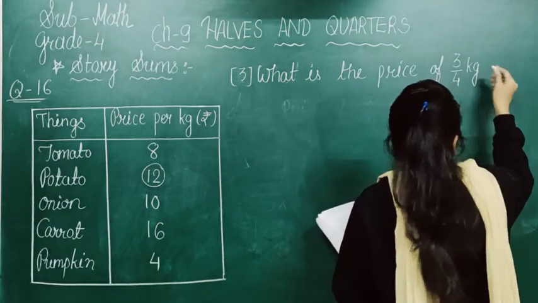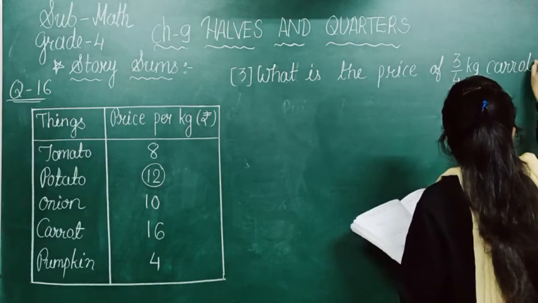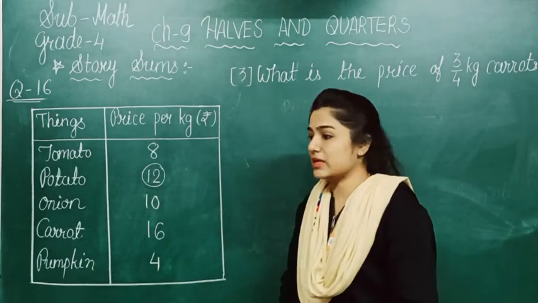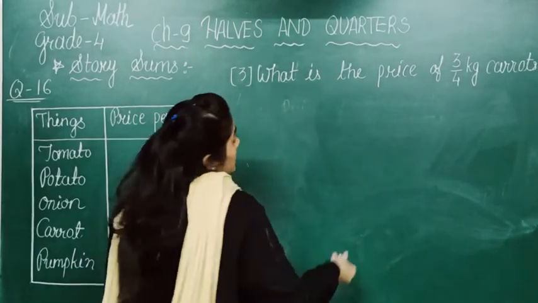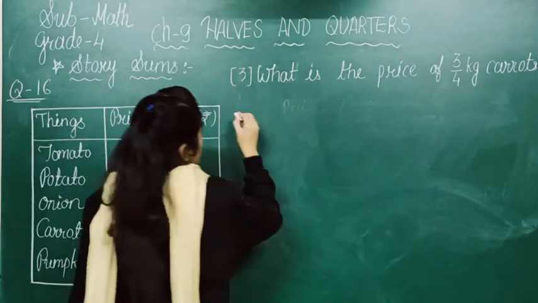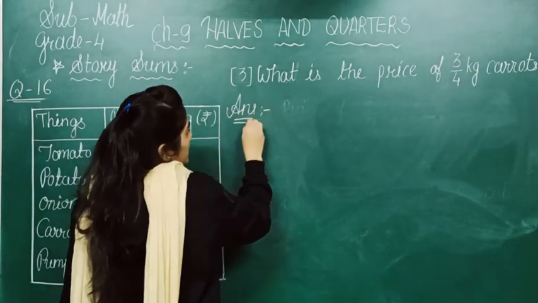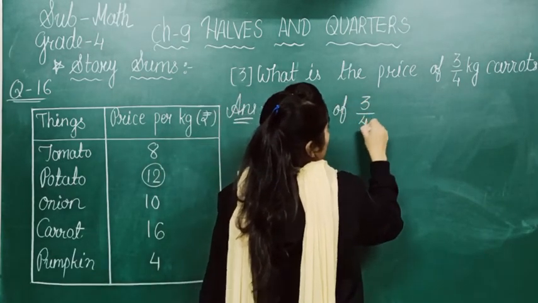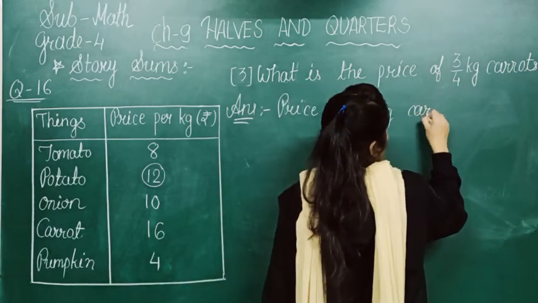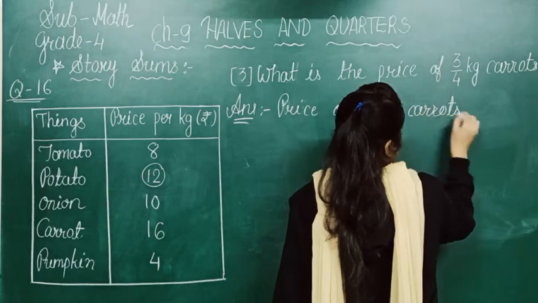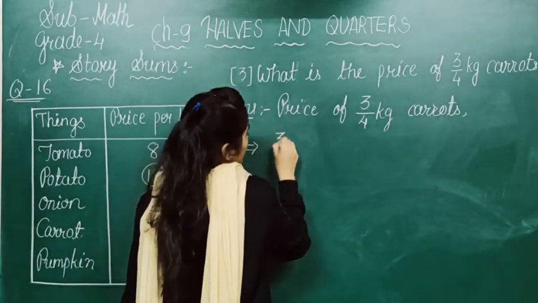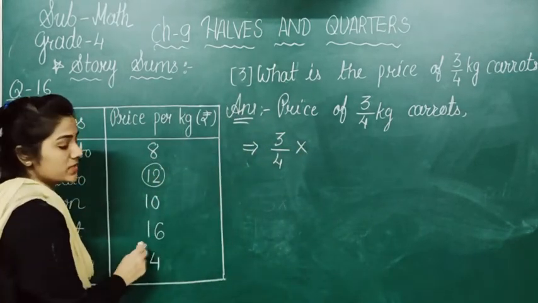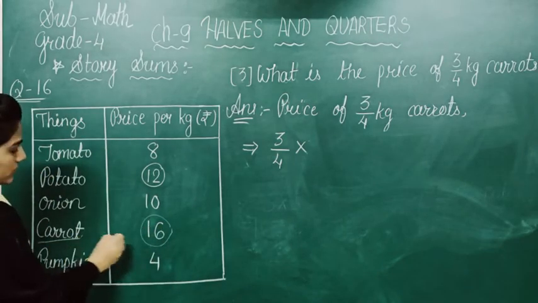You can observe here, in front of carrot the price per kg is given ₹16, and we need to find the price of 3/4 kg carrots. So we can find the answer this way: price of 3/4 kg carrots, we will multiply this 3/4 with 16, because in front of carrot 16 is given.